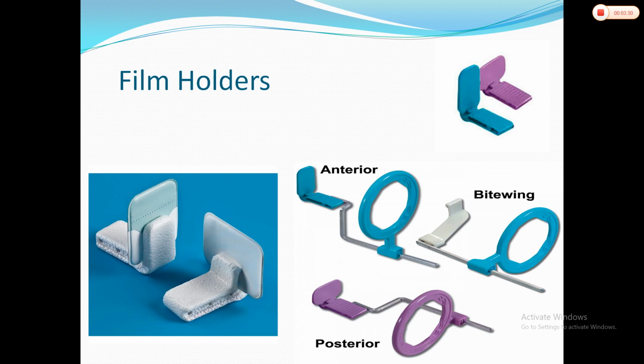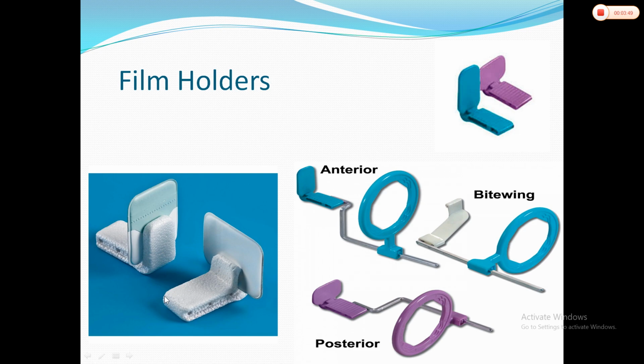I want to show a few things that are used in radiology. These are the film holders used to hold the film in the oral cavity. Usually the patient holds the film in the oral cavity with their fingers, but we can use a film holder for that.